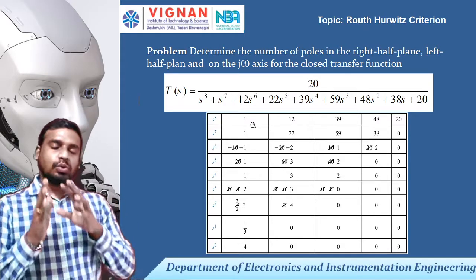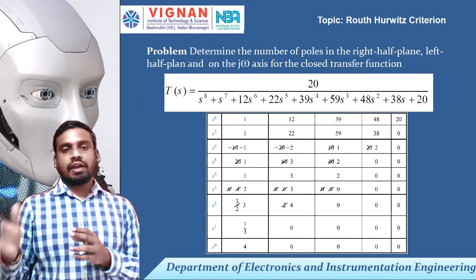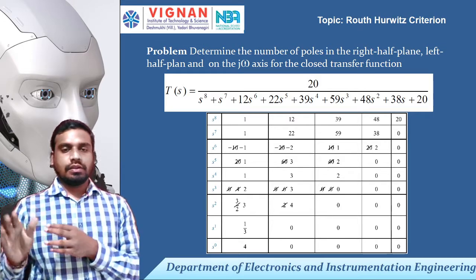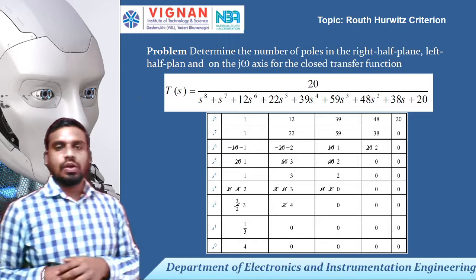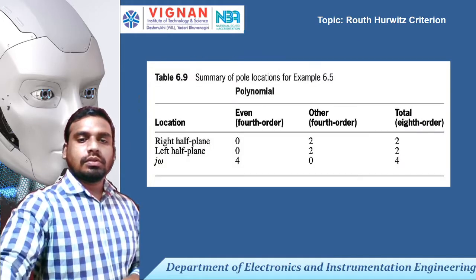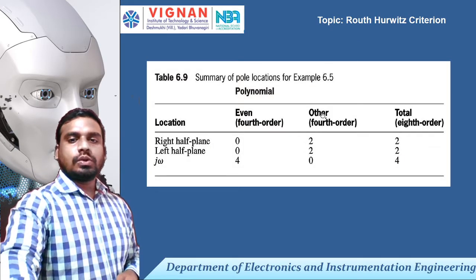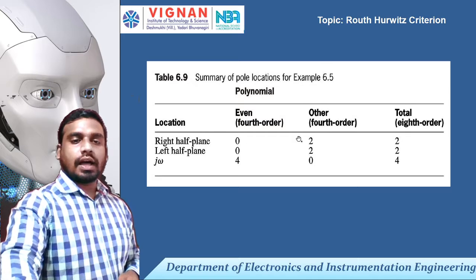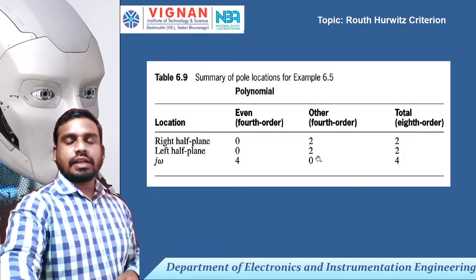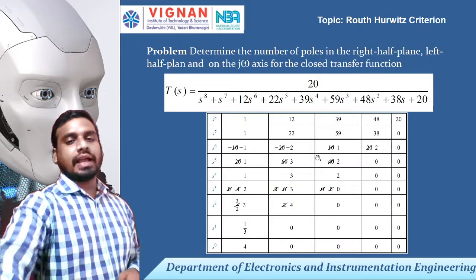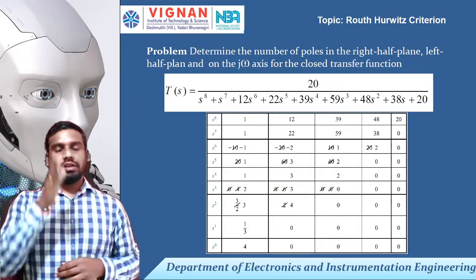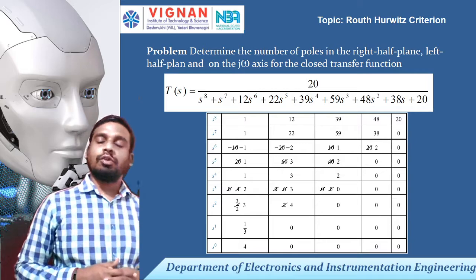That means two poles are lying on the right half of S plane. Other two would be lying on the left half of S plane. Okay, right? Two are lying on the left half and two are lying on the right half. So the other four are lying on the j omega axis.